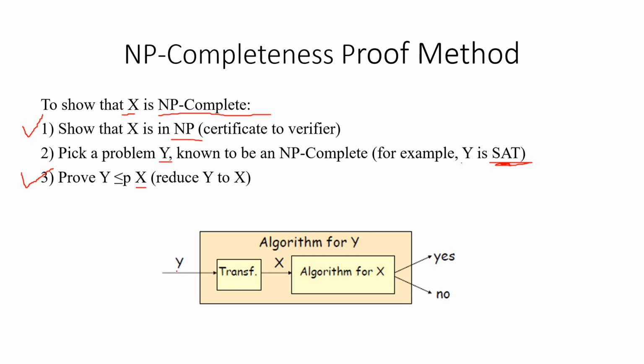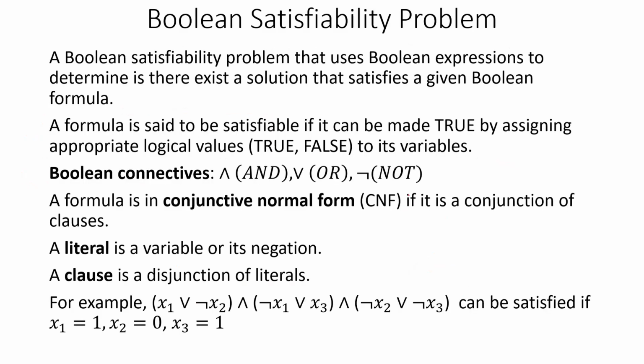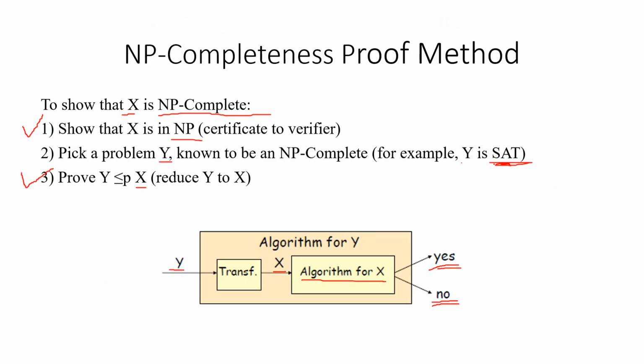So in order to show that problem X is NP-hard, we take some well-known problem Y. We reduce or transform that problem into X, and that algorithm should be able to say yes or no. Again, we need to convert the problem to a decision problem, where the solution is one of two options: yes or no. One of the most famous NP-hard problems is the Boolean satisfiability problem, which is also called SAT.